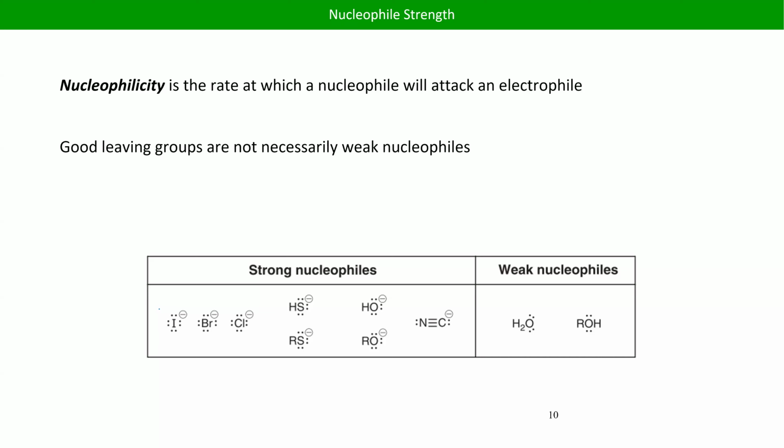Because if you have a really strong nucleophile around, it's going to be less likely to go through SN1. Because a strong nucleophile is more likely to sort of seek out and find that partial positive and kick the leaving group off. So the stronger your nucleophile, the more likely it is to go through SN2 instead of SN1.